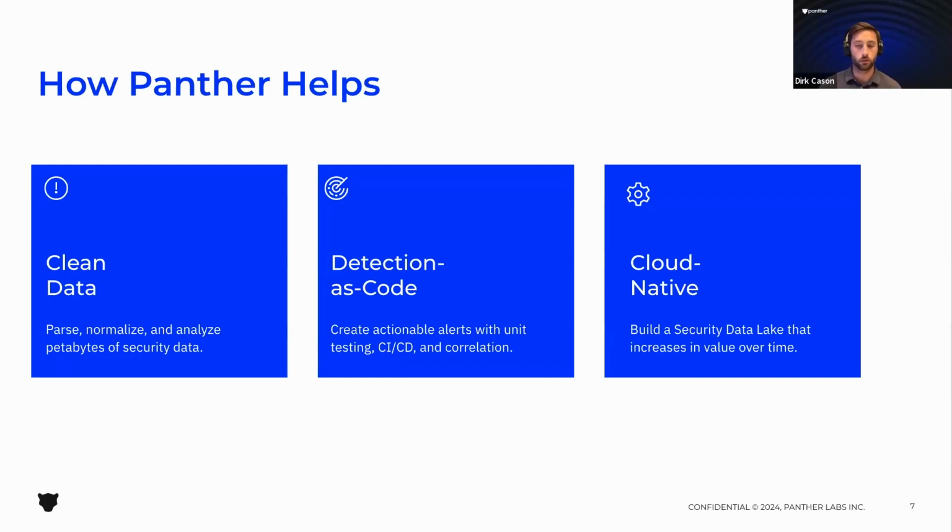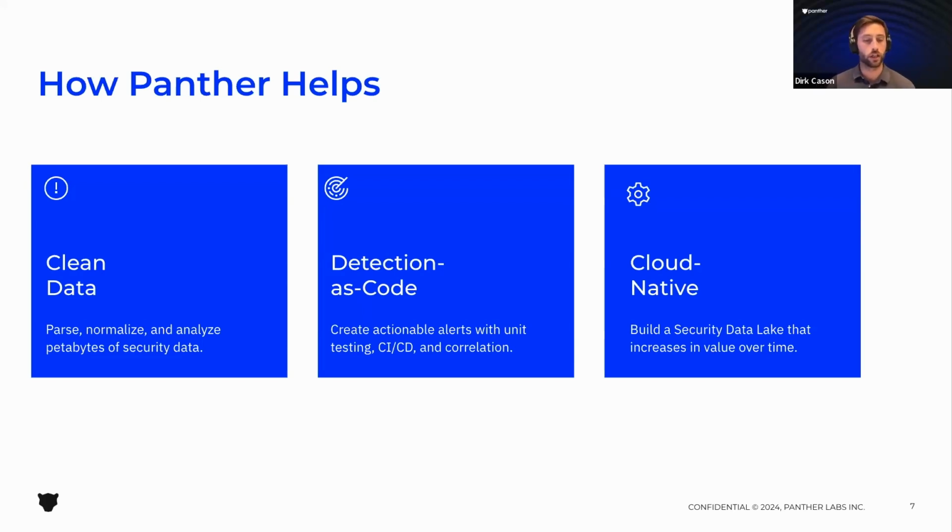With detection as code, we provide customers the ability to perform intelligent code-driven correlation of activity across different systems and environments. We firmly believe that better code, better detections leads to better outcomes.